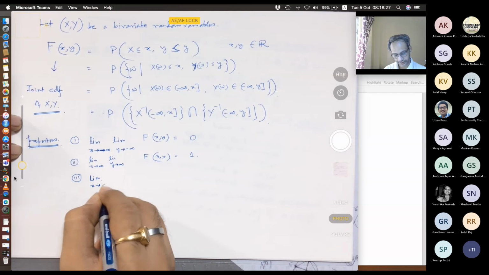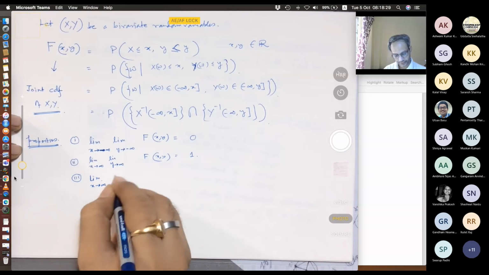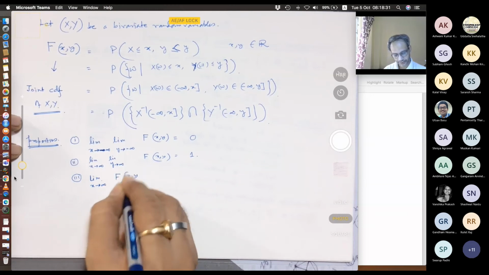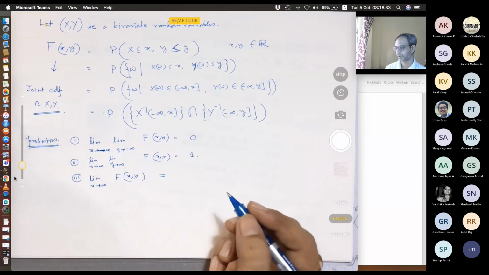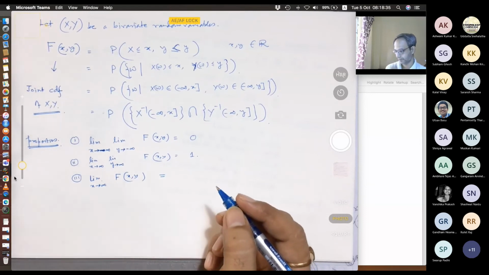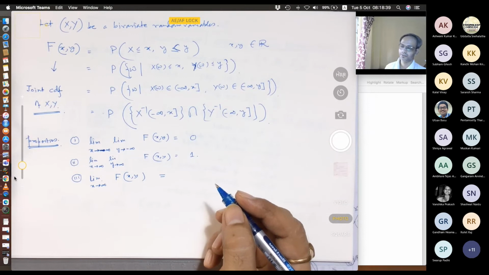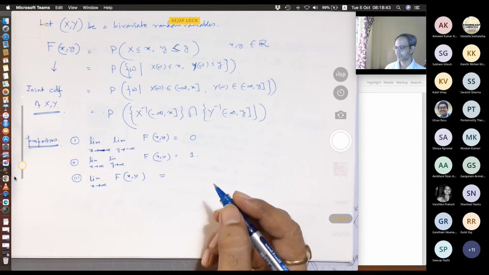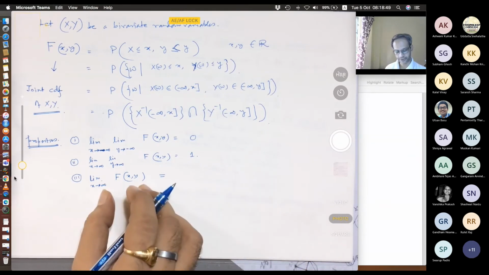Now one of them let us consider, limit x goes to plus infinity of Fxy. Then what are you supposed to get? X takes all the possible values, but nothing is told about y. So what will be the probability assigned to this limit? The probability of Y less than or equal to y.